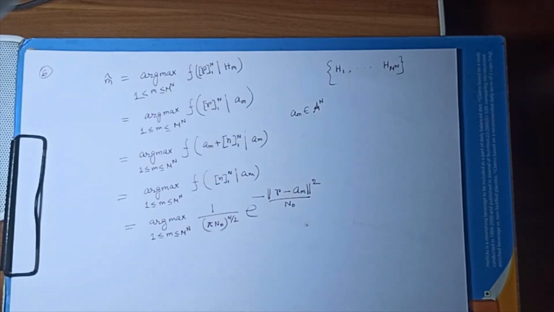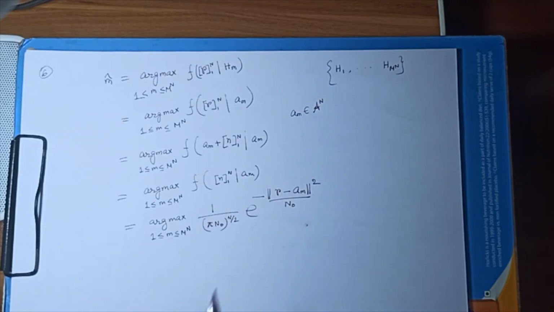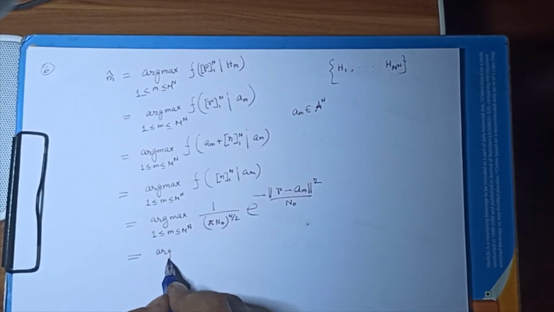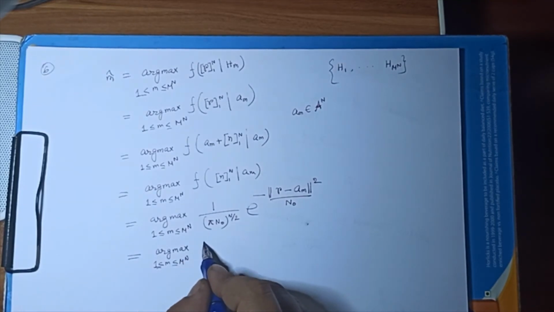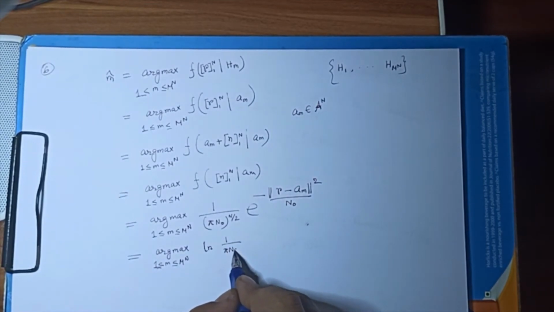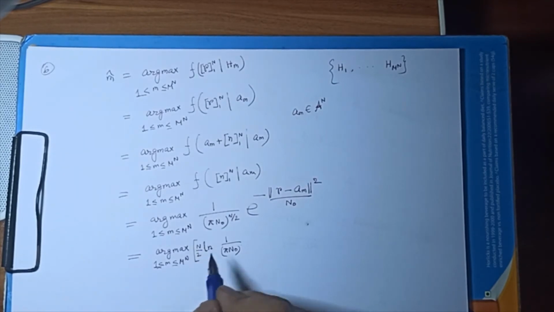Now what I can do is apply logarithm over there, because logarithm is a monotonic function, so it does not change the argmax. So apply logarithm now. Argmax for all m of log of (1 / (pi N0))^(n/2). I can take n/2 outside.